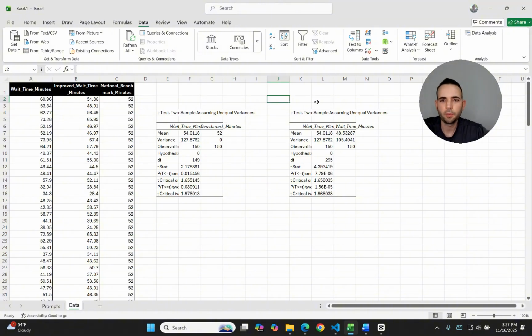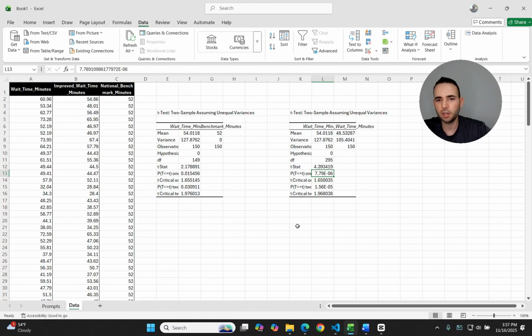Here's the output for the second question, whether the wait time after the process improvement was enacted is statistically significant from before, and the p-value is 7.79 times 10 to the -6, so it has a bunch of zeros, which means it is way less than the alpha, which is 0.05. Therefore, we reject the null hypothesis.